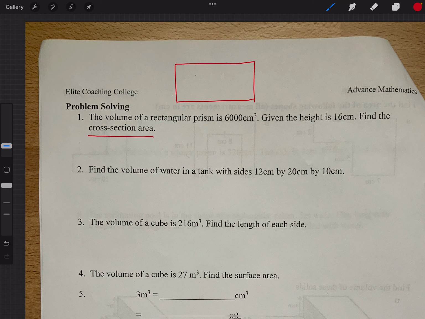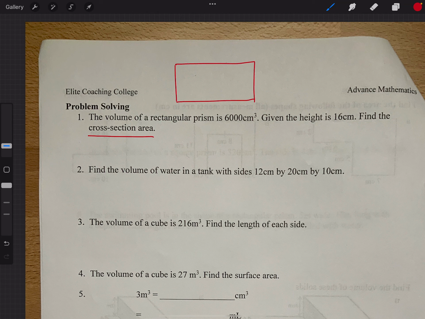We know that the height of this is 16 centimeters. The question is, what is this cross-section area? The cross-section area can be the base. This is the cross-section area.